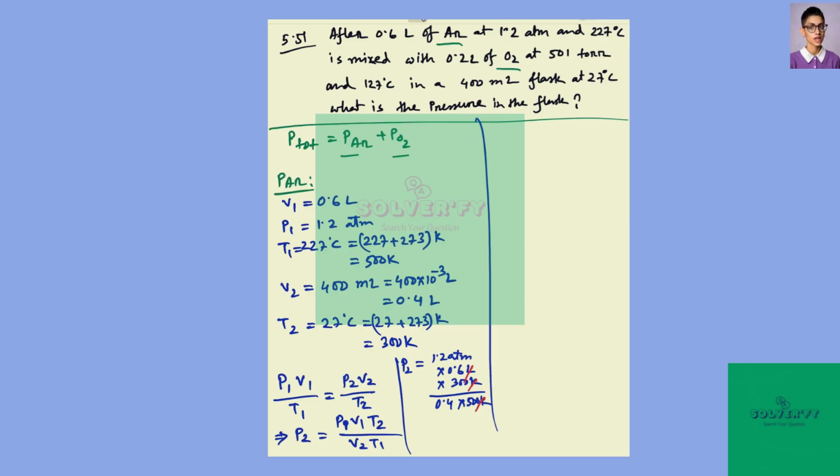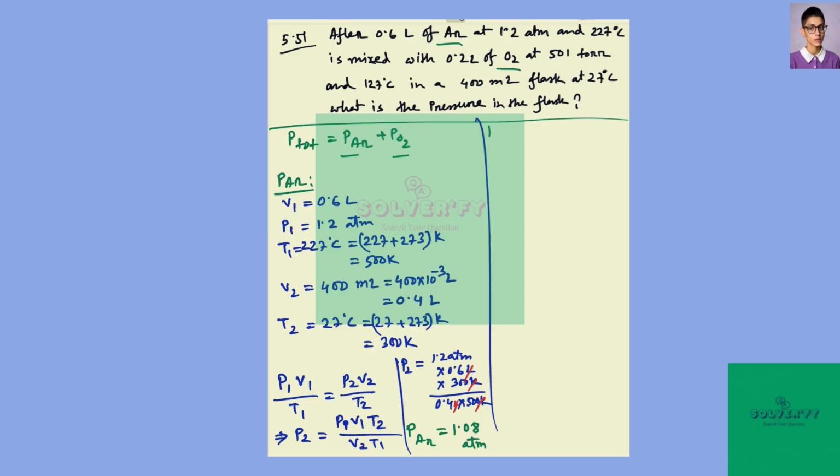Once we do the calculation, we will find the partial pressure of argon is 1.08 atm. The final pressure of argon is 1.08 atm.